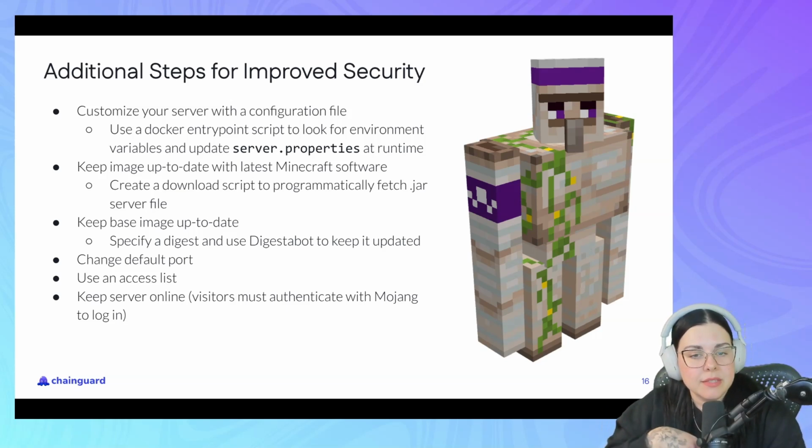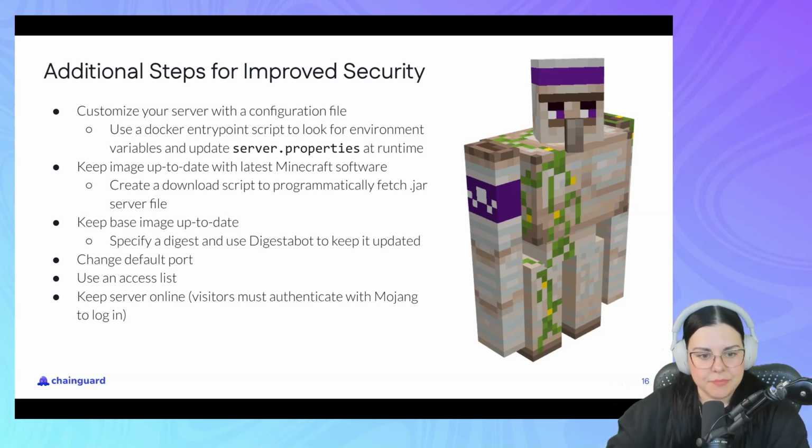So you can set the Dockerfile to use a digest, and then use Digestabot, which is a GitHub action that will create a pull request whenever a new image is out. So it updates your digest. This is a good measure for keeping your build reproducible and also being able to update it easily through a pull request.